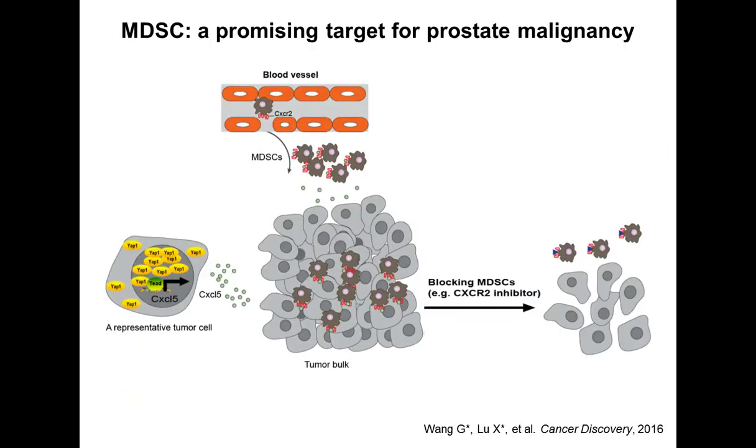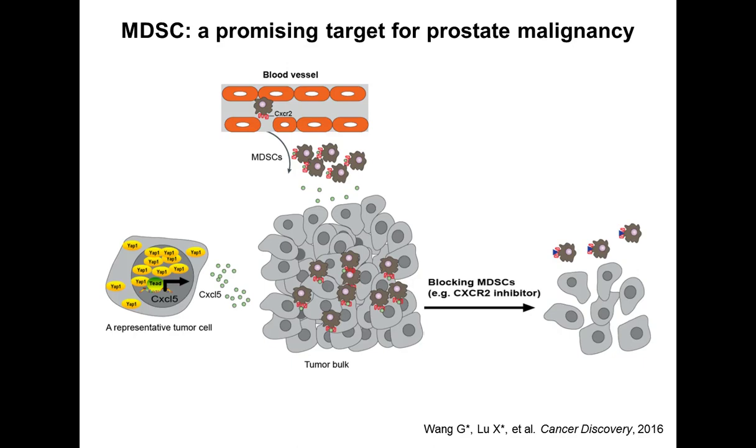Basically, we demonstrated that prostate cancer cells activate the YAP transcription factor, and the YAP and TEAD interaction drives transcriptional activation of the chemokine CXCL5. CXCL5 secreted from cancer cells recruits myeloid progenitor cells expressing the receptor CXCR2 from the bone marrow, and those cells migrate into the tumor parenchyma and become functionally immunosuppressive MDSCs. Those MDSCs suppress the T cells in the tumor and promote tumor progression.